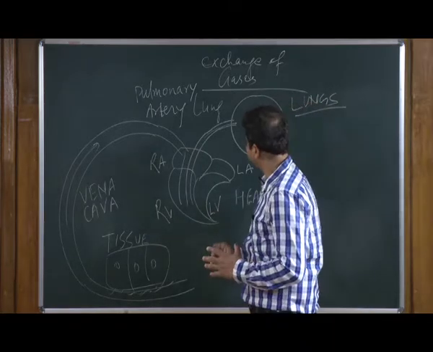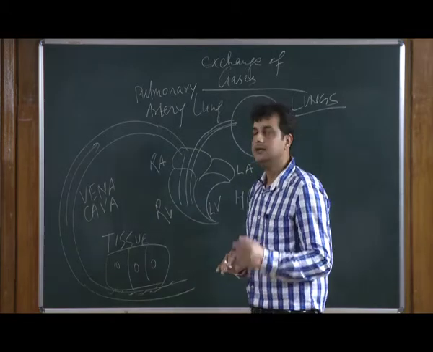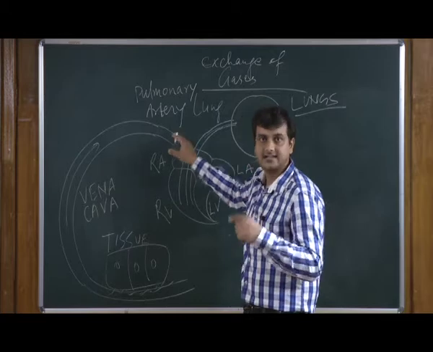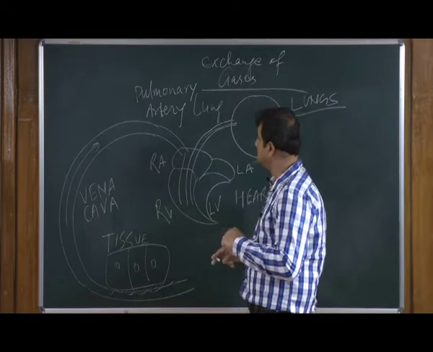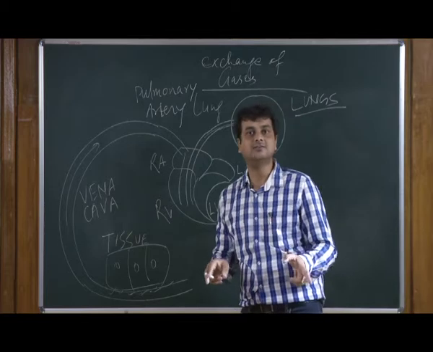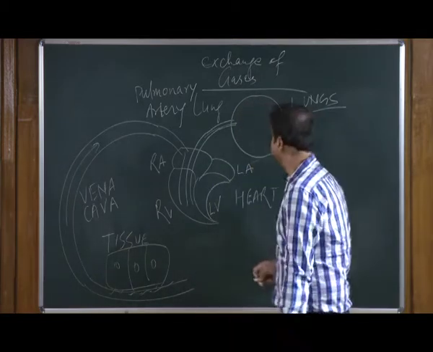So now this is the pulmonary artery, and I am just emphasizing again the point that all arteries carry oxygenated blood except this pulmonary artery which carries deoxygenated blood. And similarly it is true when we discuss the pulmonary vein. All veins carry deoxygenated blood except the pulmonary vein which carries oxygenated blood.